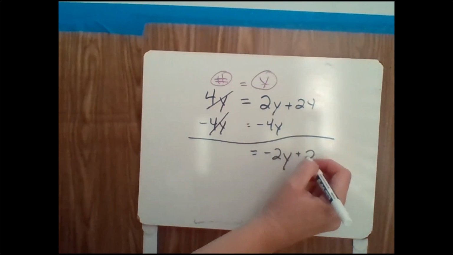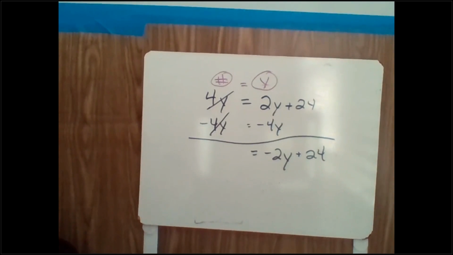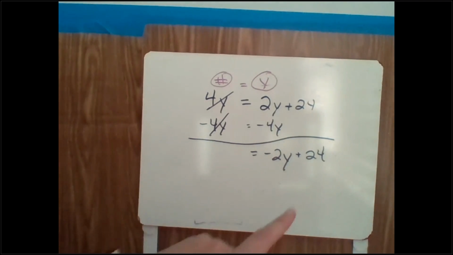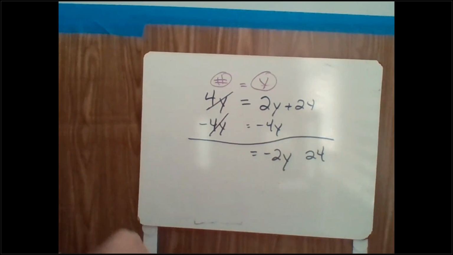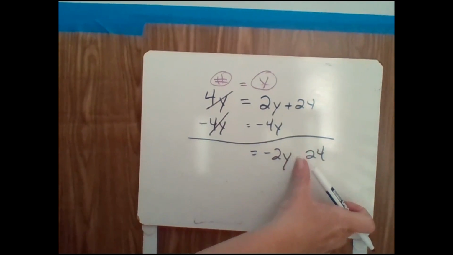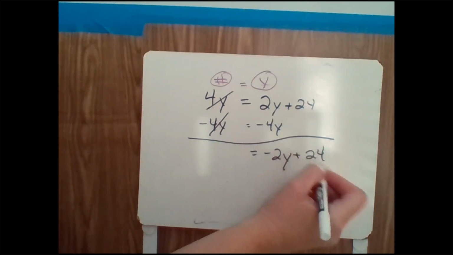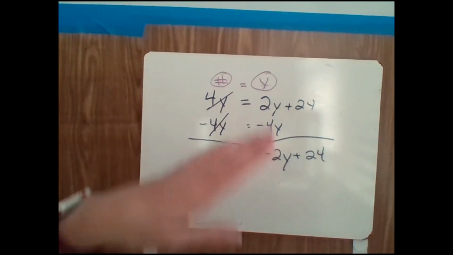Still have my plus 24. And they're looking at something like this. And at this point, many students start to panic. And I can't tell you how many times I've seen students do this. They erase that plus sign and they put the equal sign in there. You absolutely, positively cannot do that. But you can still save this problem.